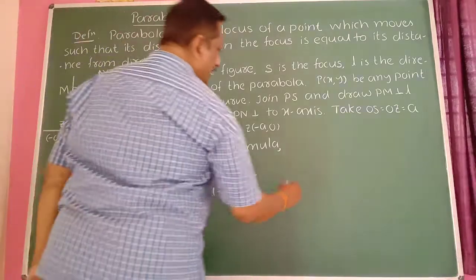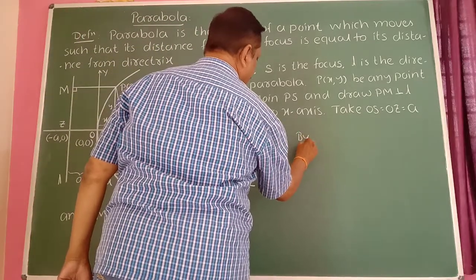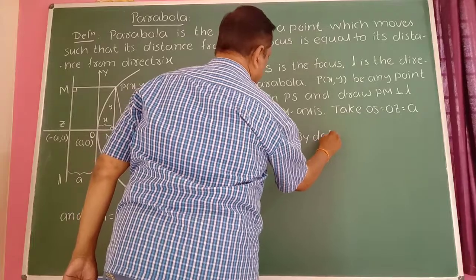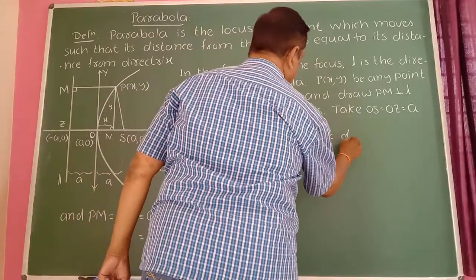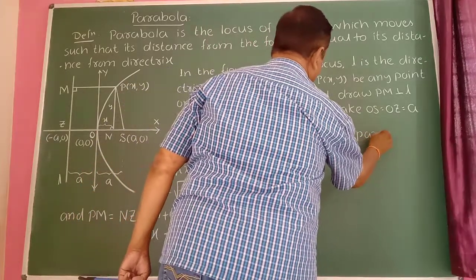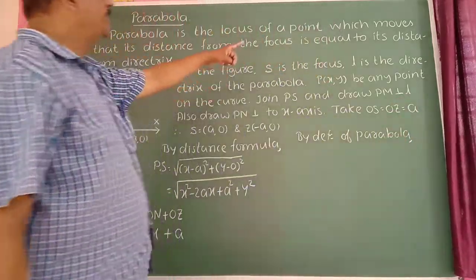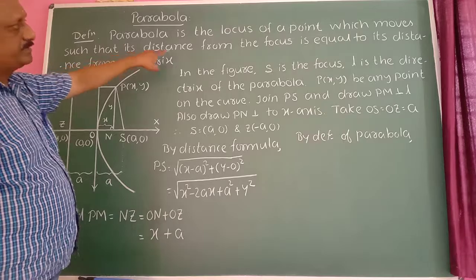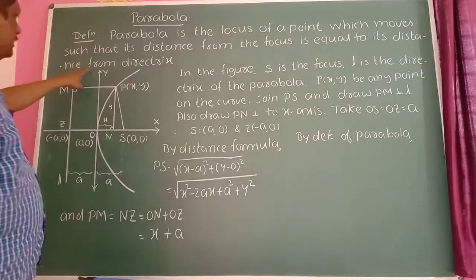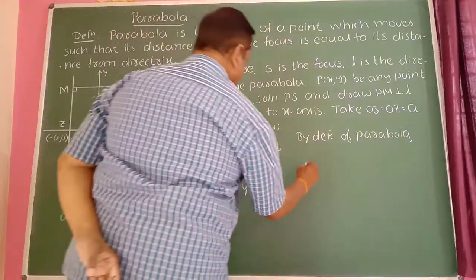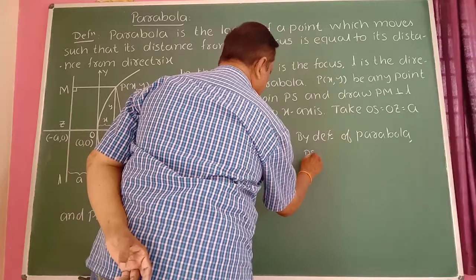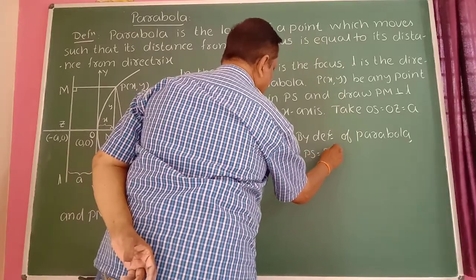Then by definition of a parabola, distance from the focus is equal to distance from the directrix, meaning PS is equal to PM.